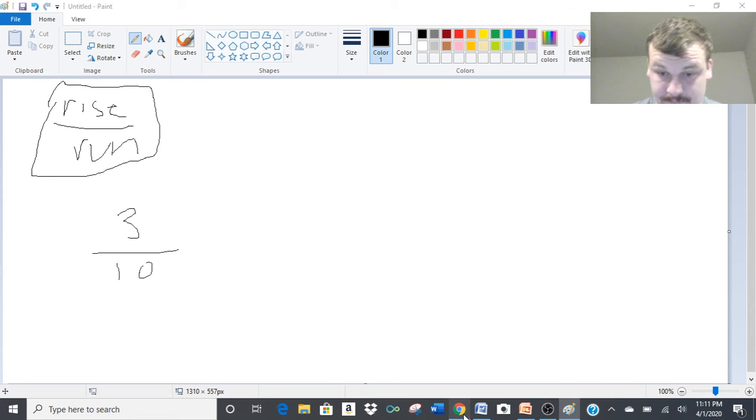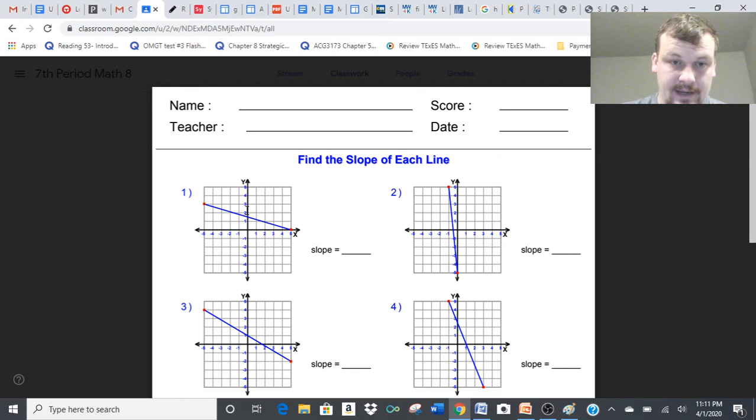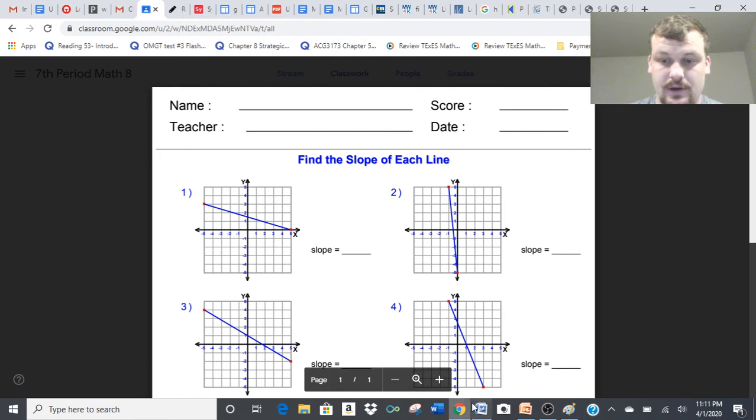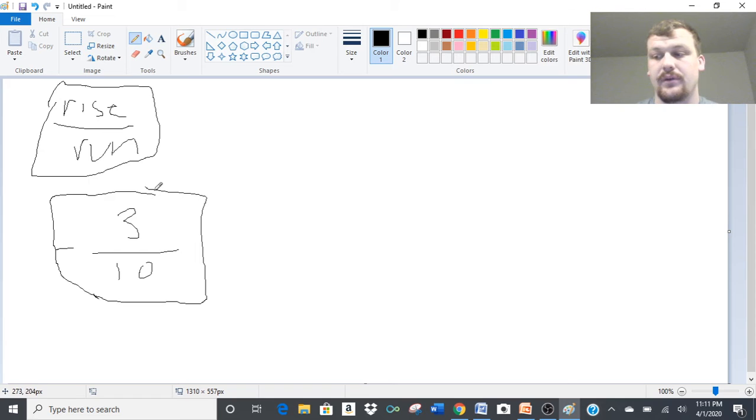And remember, it would be sliding downhill, and sliding downhill is always a negative. So rise over run would be a negative. So number 1 would be negative 3 over 10. And that doesn't reduce or simplify to anything, so it is still 3 over 10.